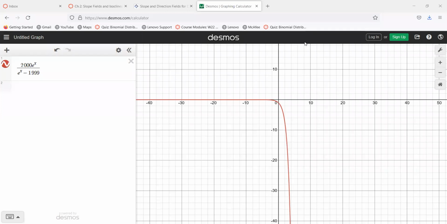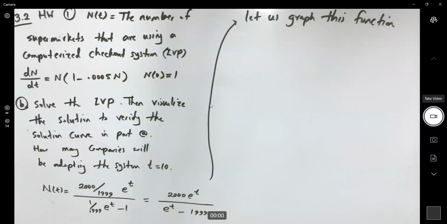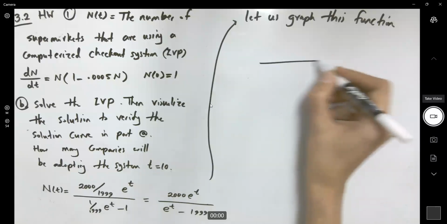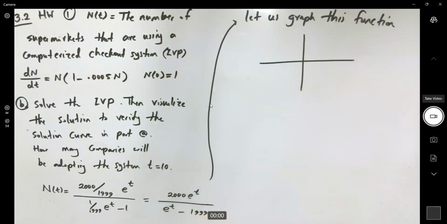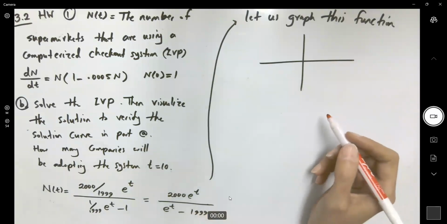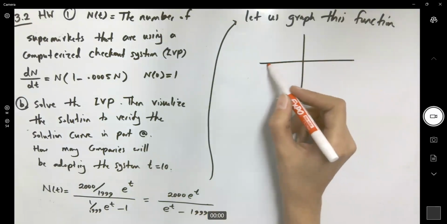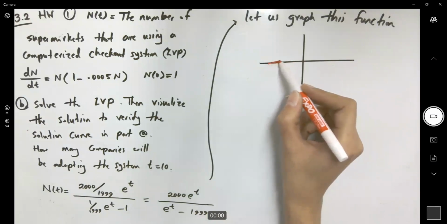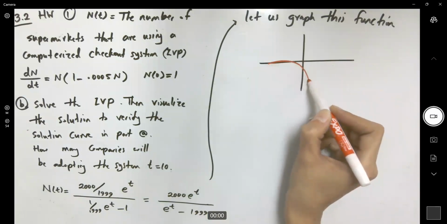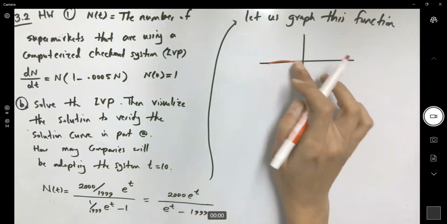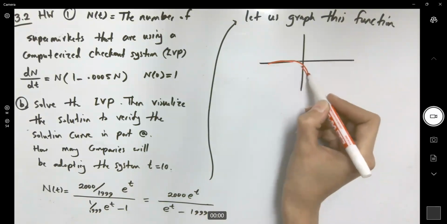That's the behavior of this solution. Now let us use t equals 10, and this is the graph that we have. Let me just move this a little bit here. Okay, here we go.